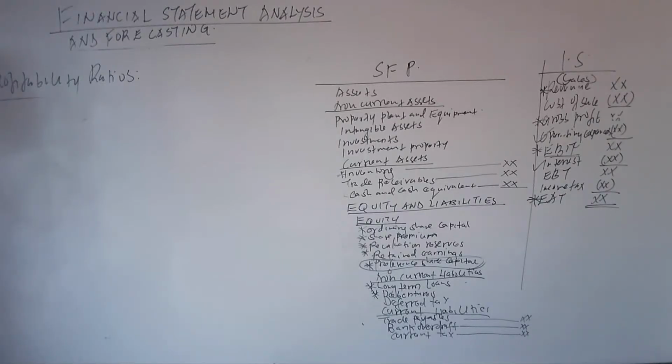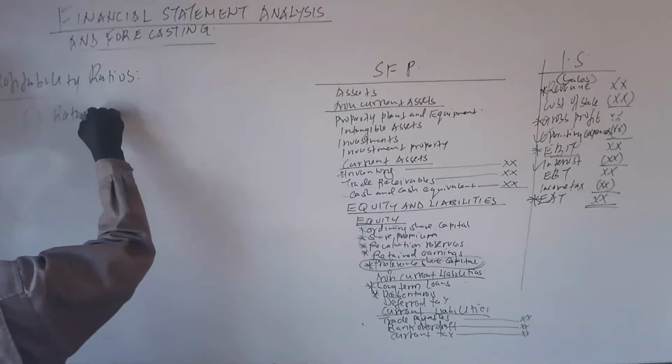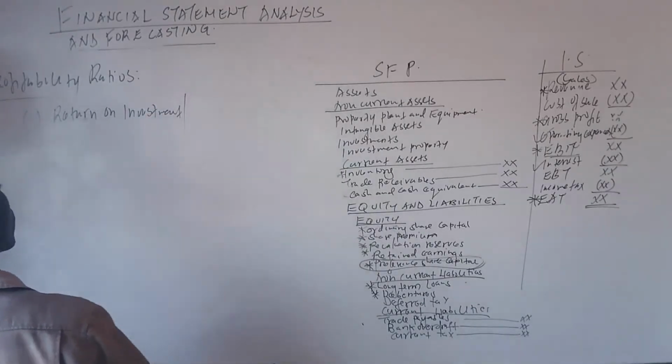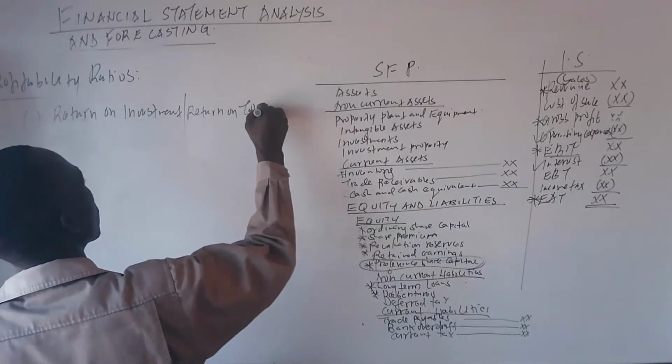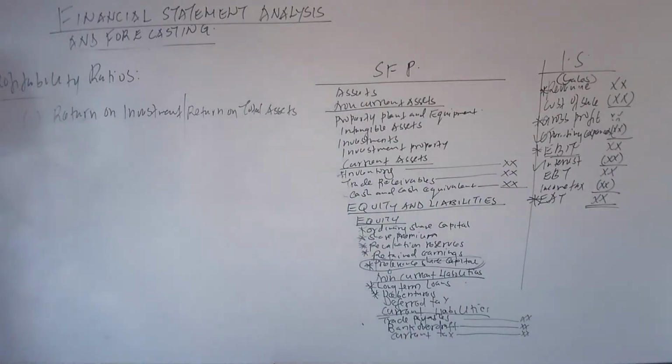They include return on investment, or return on total assets. Return on investment or return on total assets.